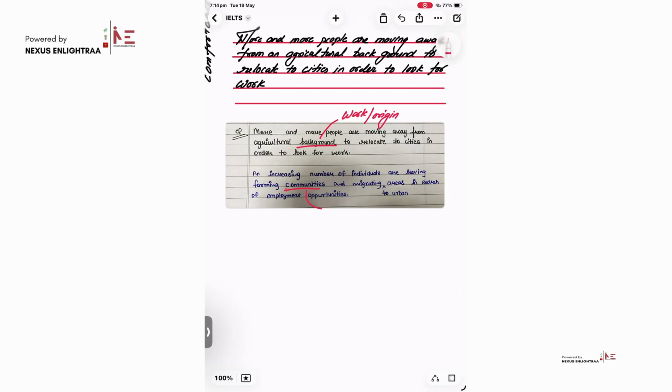Community, on the other hand, is a group of people living together. Okay. An increasing number of individuals are leaving farming communities.